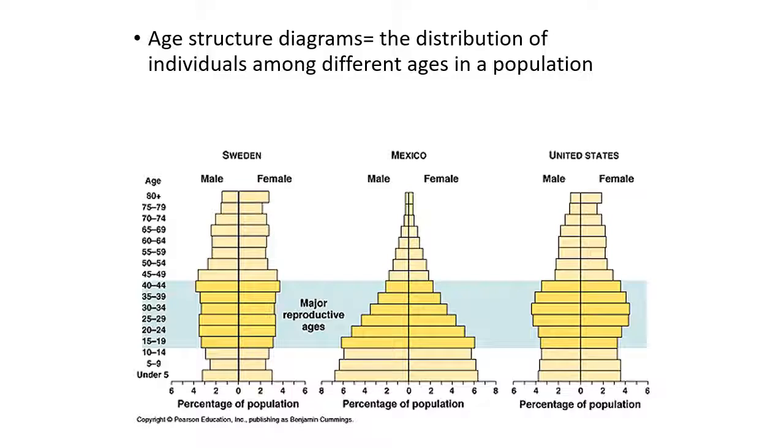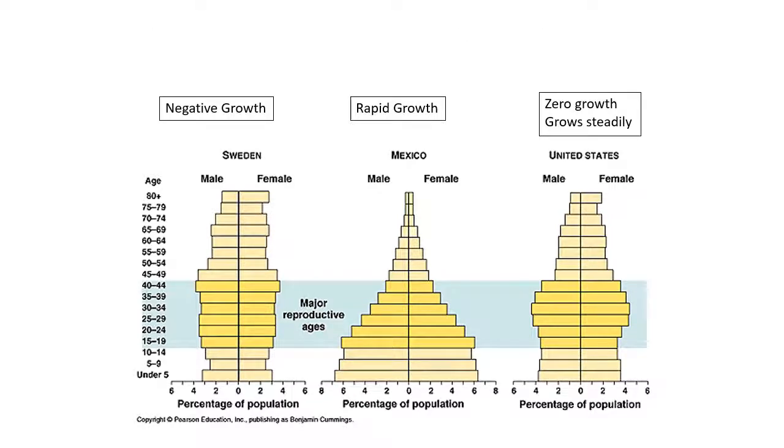So we have Sweden, Mexico, and the United States. In Sweden, we see a negative growth. The number of those who are 40 to 44 compared to those who are under 5 is negative. We have more people 40 to 44 and 35 to 39 than we do anywhere between the ages of 10 to 14 or under 5.